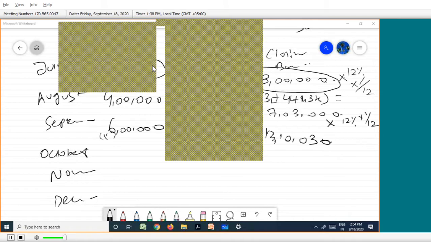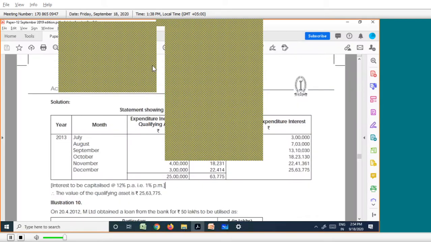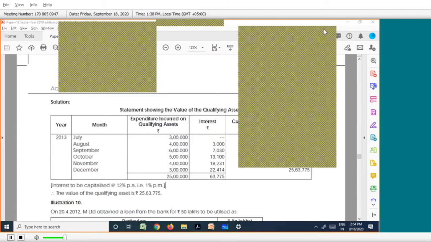Where there is interest for December month. Good question.